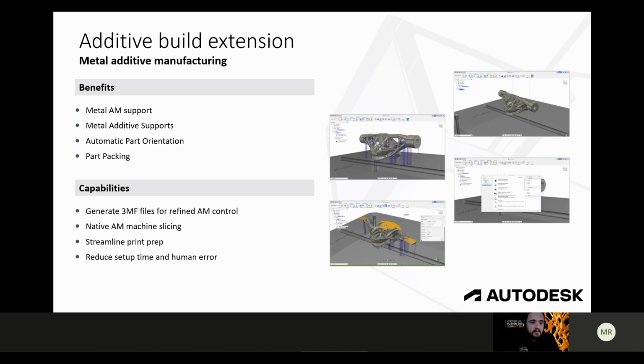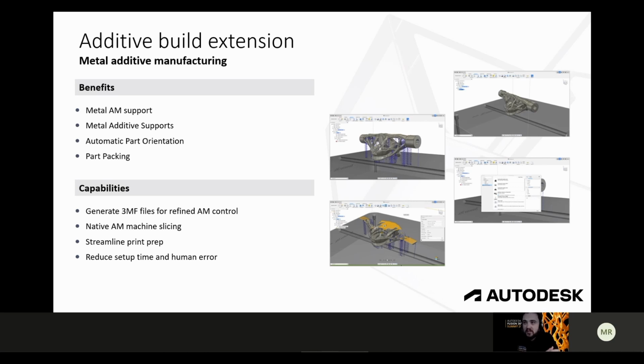In terms of some of the actual benefits of the additive build extension, you can select the 3D print parameters. So you can select from the most popular metal additive 3D printers to configure Fusion 360's manufacture workspace for your process. You can orient parts, so you can identify the ideal orientation for your parts to minimize support material while achieving the best surface quality and a successful print.